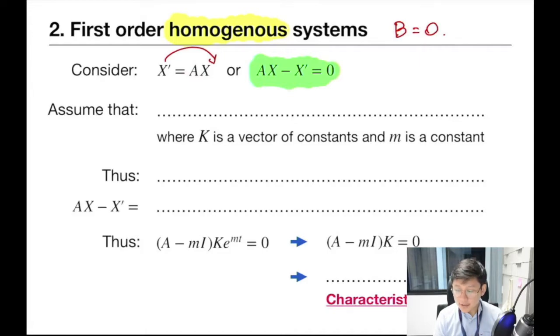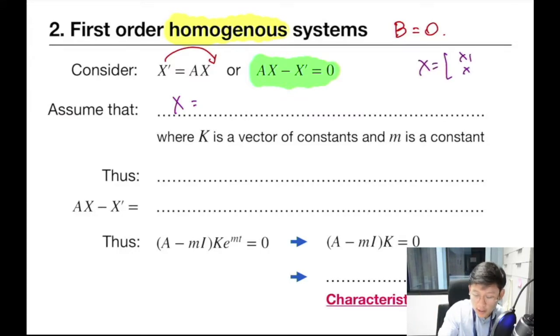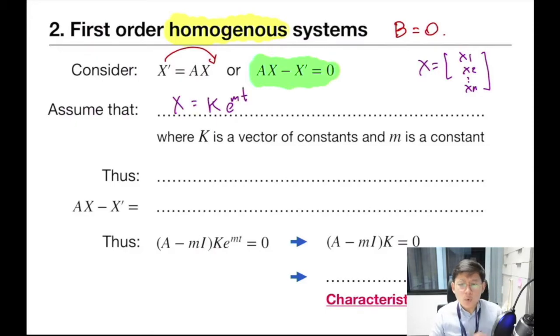Okay, and if we assume that the solution is in some form, for example, if we assume that x is a vector, don't forget x here is x1, x2, to xn. If you assume that x is some vector K times e to the mt. We did pretty much the same thing before in chapter 2.